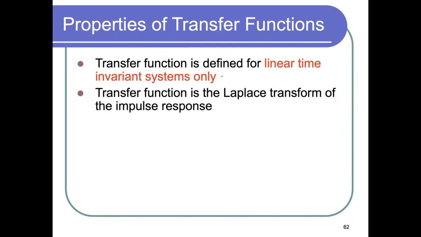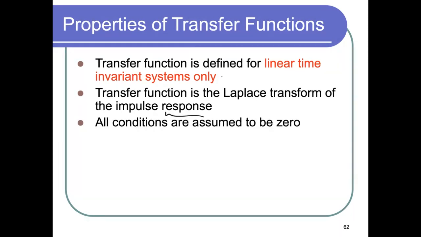So if I have a system, I can give it a test signal, an impulse signal, and look at the output, and take its Laplace transform. It's the same as the impulse response. When I say response here, I mean I give a system a certain input and I see the output. So if I say impulse response, it means the output due to an impulse input. If I say step response, it means the output due to a step test signal.